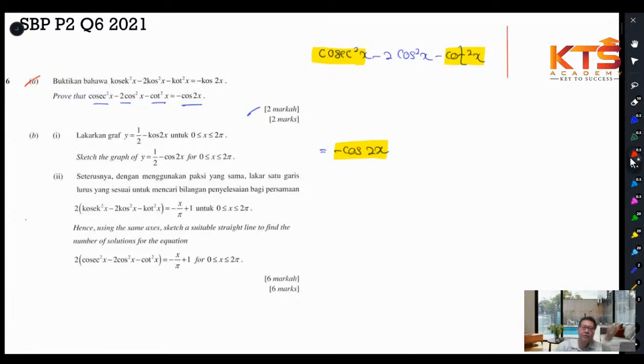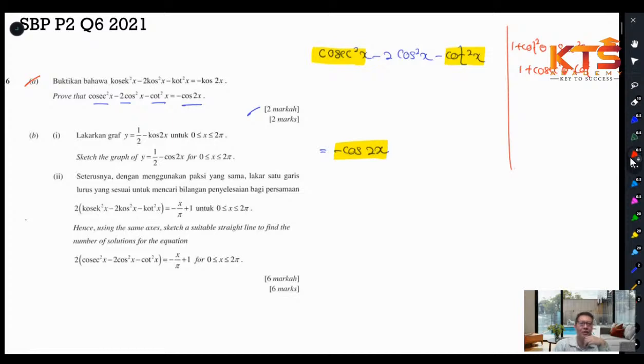Okay, we list down the formula that we have. 1 plus cotangent square theta equals to cosecant square theta. 1 plus tangent square is secant square.